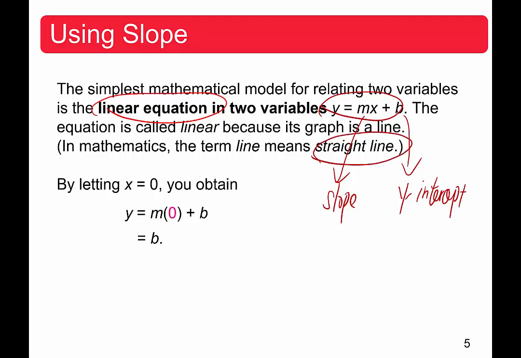And we're going to take a look at how we construct a straight line from a linear equation in a bit. If you set x equal to 0 here, then you see that the y value equals b. And this b is what we call the y-intercept. So y equals b is the y-intercept.